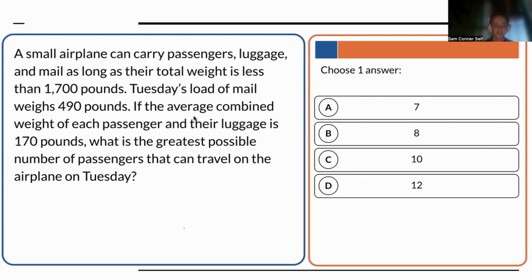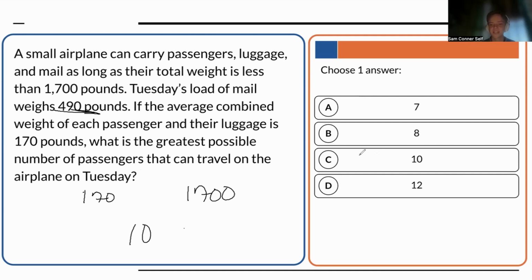So they tell us that for one passenger, their total weight is 170 pounds, and that the total weight this plane can carry at any given time is 1,700 pounds. So given that, if this plane was only carrying passengers, then it could carry 10 passengers, but we know that it's also carrying almost 500 pounds in mail.